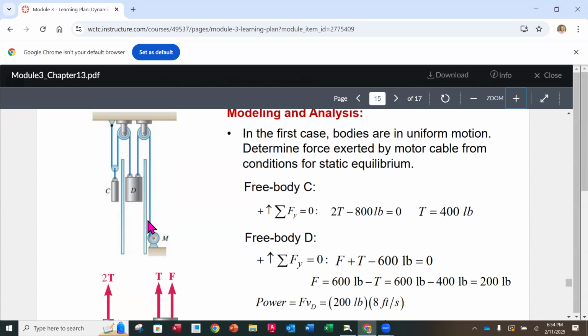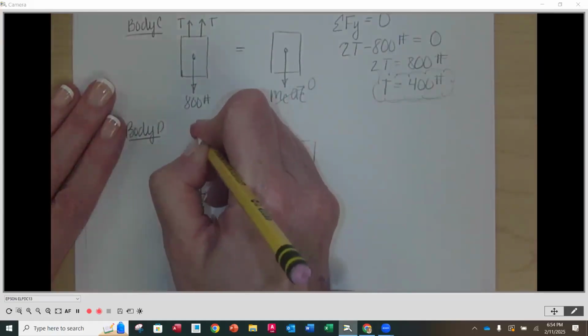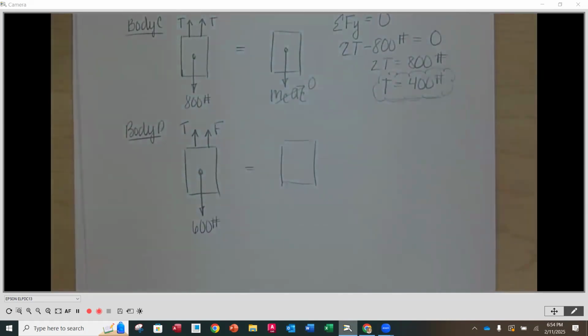We're going to call that F. So that's consistent with what we have in our power equation. And then T is the tension that goes over to C. So we're going to have T on the left-hand side, and we're going to have F on the right-hand side. All right, so F is going to the motor, T is going to the weight C.